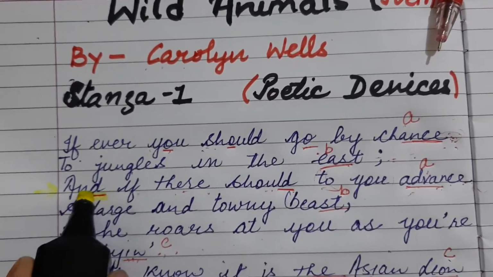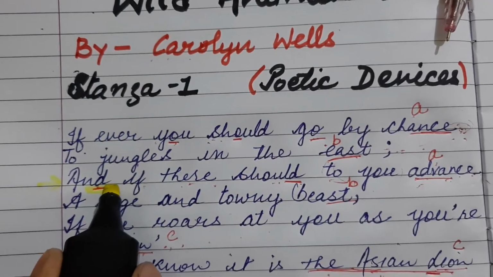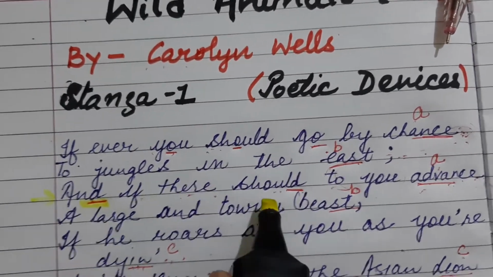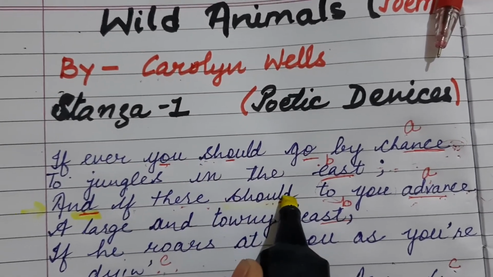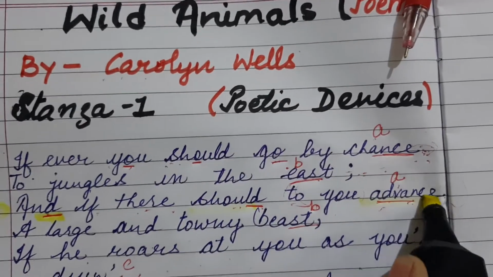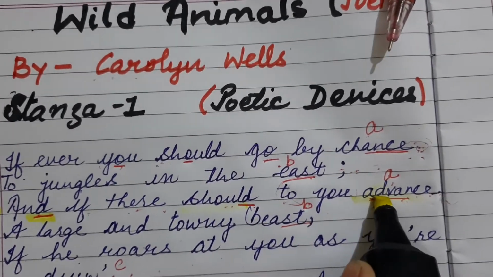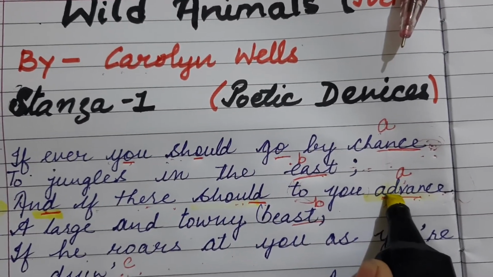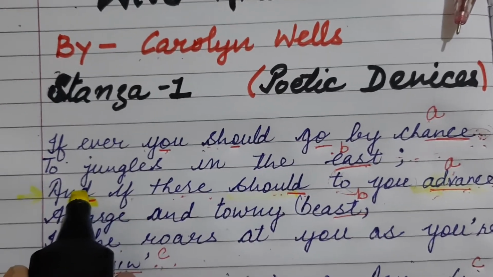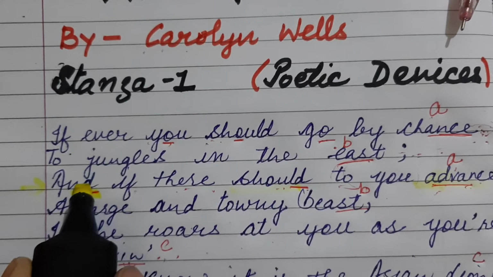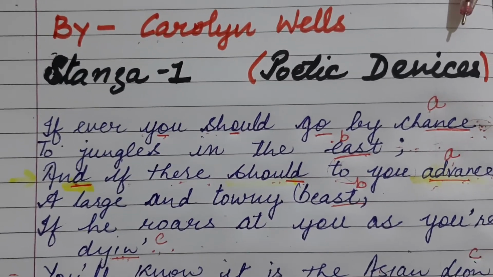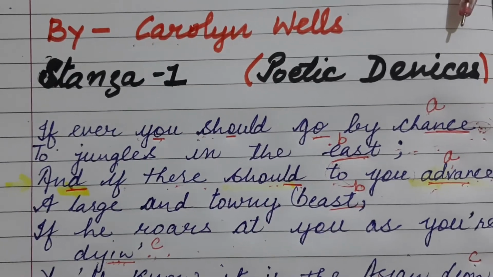Here D sound has been repeated. D here has been used at the end of a word. In should it is again used at the end of a word, but in advance it has been used at the second place. Now the letter is changing its position, but it is being repeated, and this letter is a consonant. So this is consonance, not alliteration.